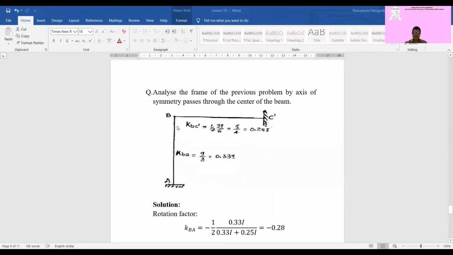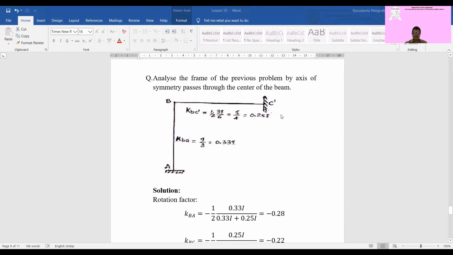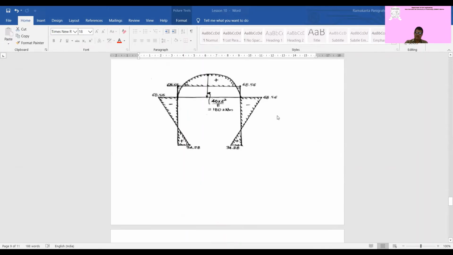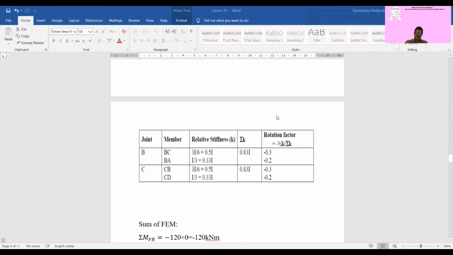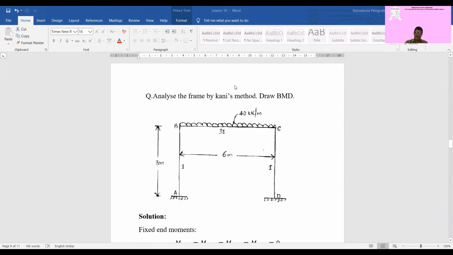Let us come to this problem. Analyze the frame by axis of symmetry passing through the center of the beams. So there is a method that if axis symmetry is available, then you can take half of the section. Now you see this problem. This problem can be solved by the axis of symmetry.